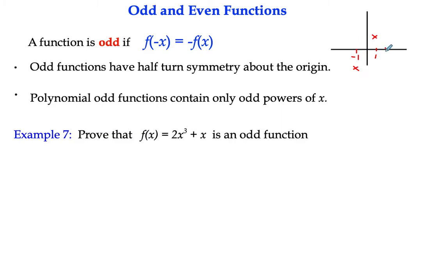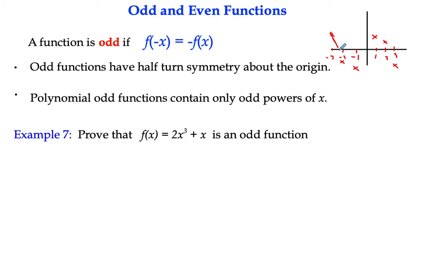The same would go if x was 2, and say my y value was here, then negative 2 would be the same distance from the x-axis but in the negative domain, and so on. If 3 gave me a negative y coordinate down here, then negative 3 would produce that coordinate up here.